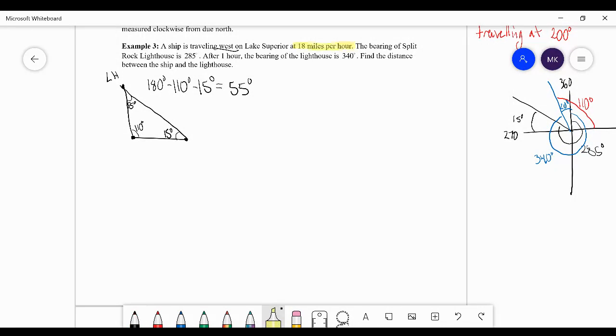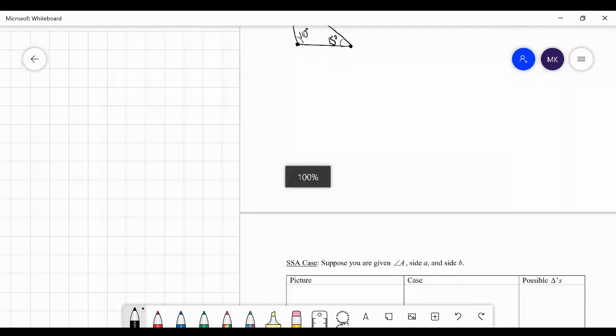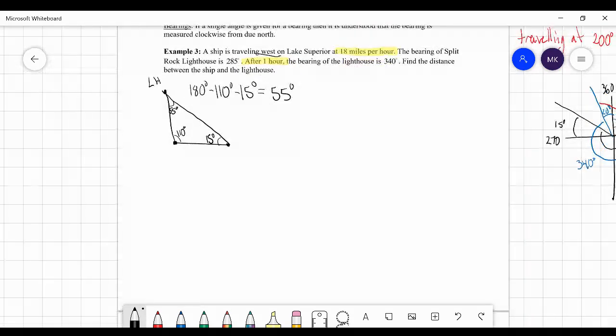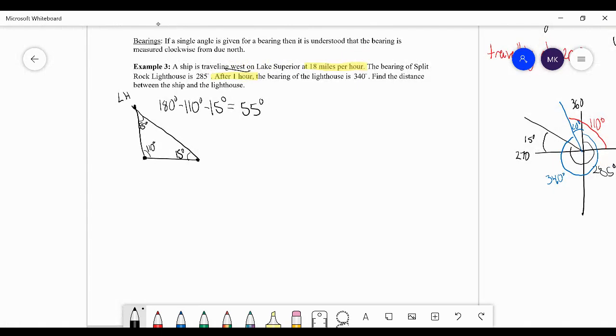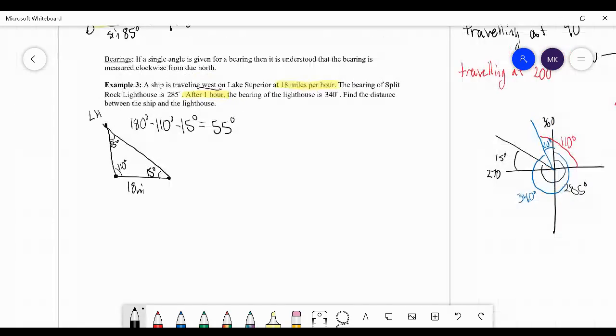That we are going 18 miles an hour, and we have traveled for 1 hour. So if we're going 18 miles an hour and we travel for an hour, that means we have driven, or in this case, boated, floated, whatever you want. I mean, it's still kind of driven, 18 miles. And so that's what we have.